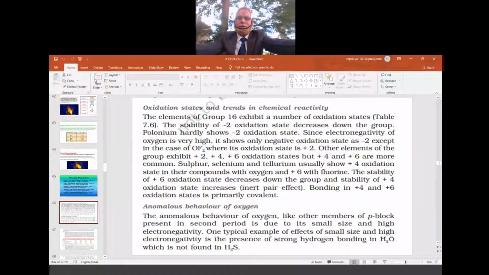Those peroxides we use to prepare oxygen actually. One of the methods of preparation of oxygen is using peroxides. Because peroxides are unstable, we can easily handle them with less energy and effort, and we get oxygen. Only in the peroxide we will have -1, and in the superoxide it is -1/2, fractional.